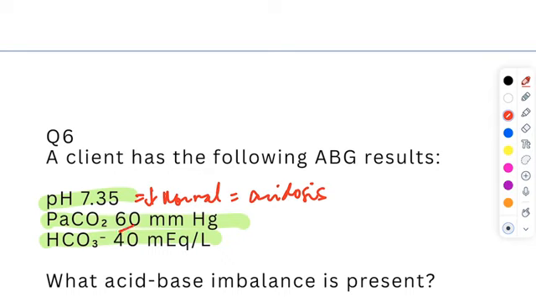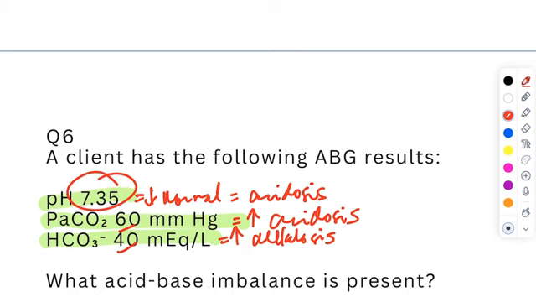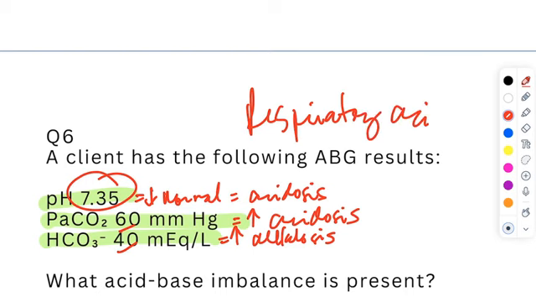Look at your PaCO₂. That's elevated. That's going to be acidosis, right? Then look at your bicarb. It's elevated, right? That's alkalosis, right? So the bicarb is so high, and this is why, because the kidneys are compensating by retaining bicarbonate. So since the pH is within normal, initially our issue here would be respiratory acidosis.